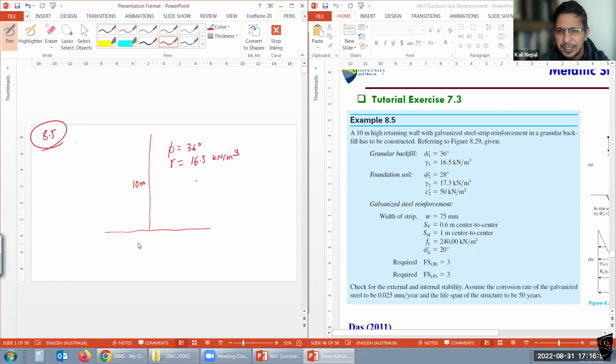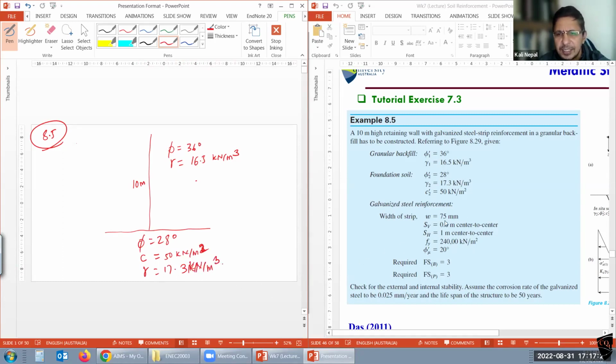And then the foundation soil here, phi is 28. That's also cohesionless soil. C is 50 kilonewton per meter square, and gamma is 17.3 kilonewton per meter cube.